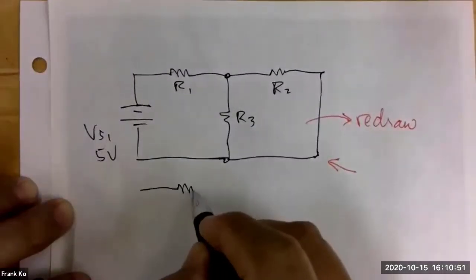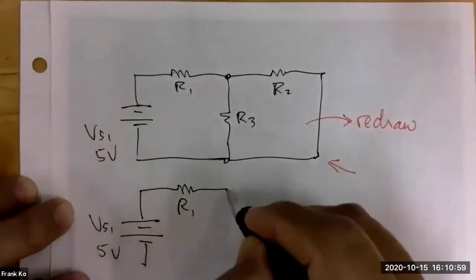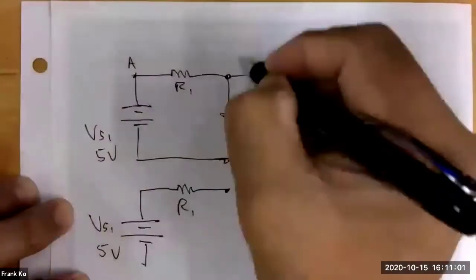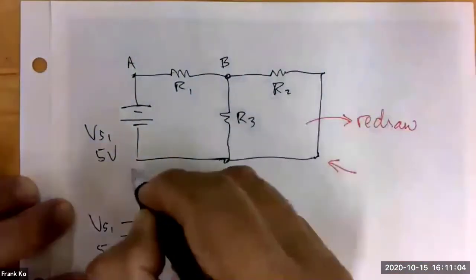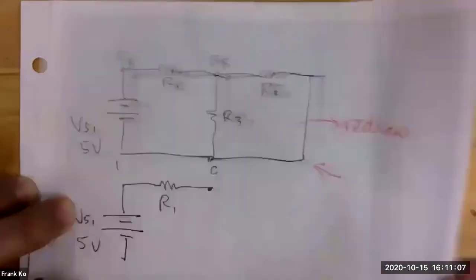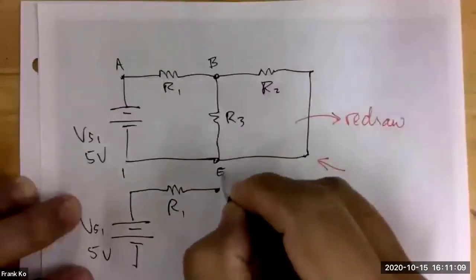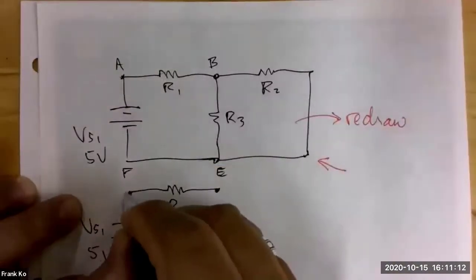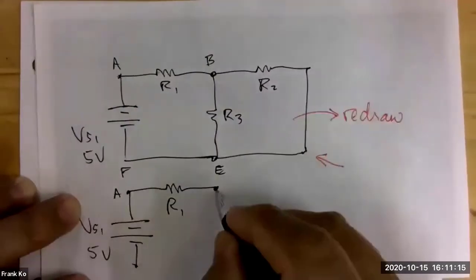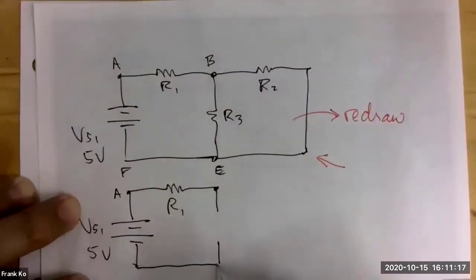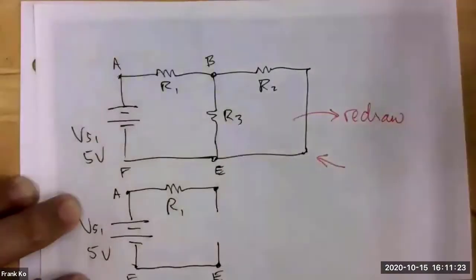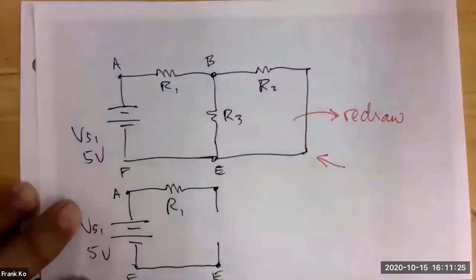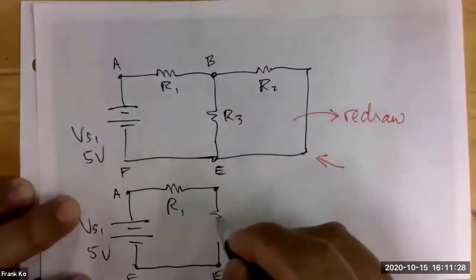I would draw this directly beneath the original circuit and place VS1, 5 volts. My R1 is here. So point A, point B, point C. That's not point C. This would have been point E and F. So here is A. And right over here, in place of these 2, I would have a single equivalent resistance.